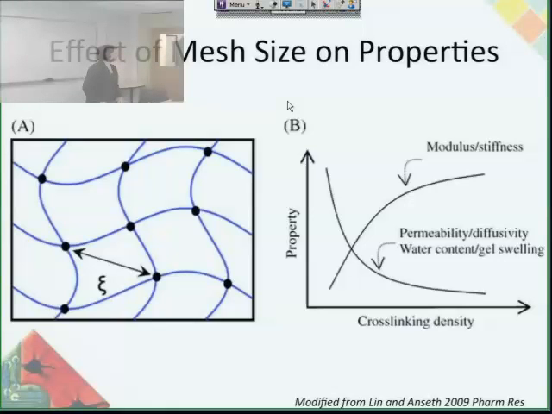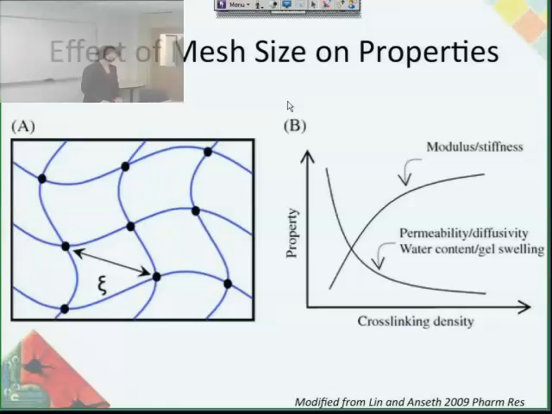If you increase the cross-linking density, so you make the mesh size smaller and the molecular weight between cross-links smaller, then you have an increase in mechanical properties like modulus or stiffness, and that's because they can withstand more forces because they can't move as much in response to an applied force. So that's why it's stiffer there.